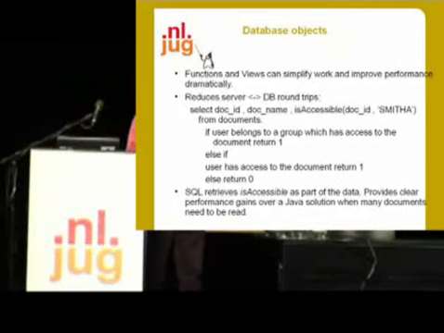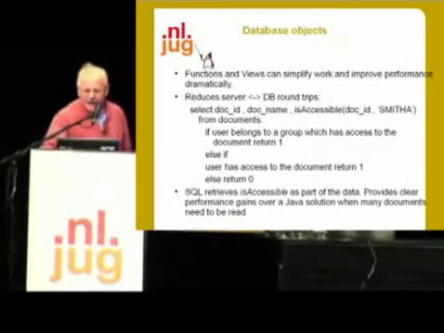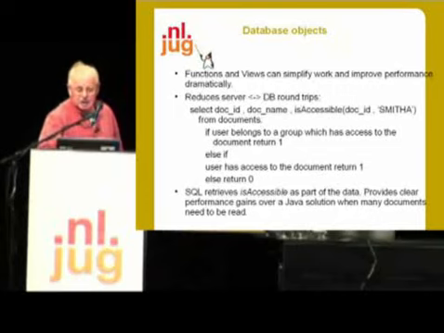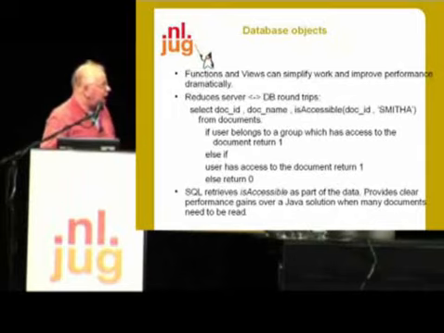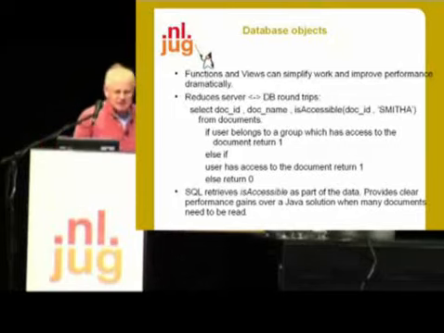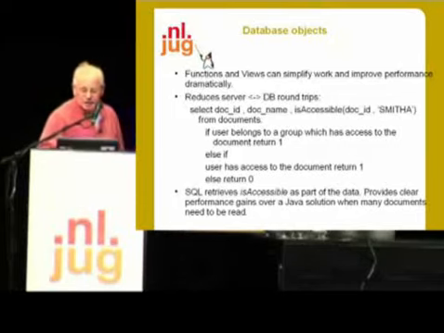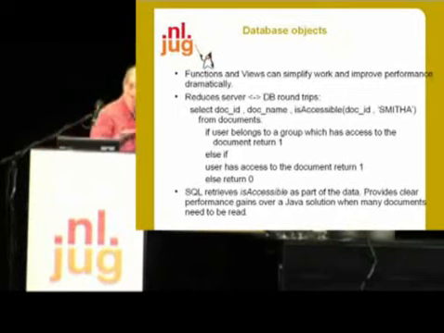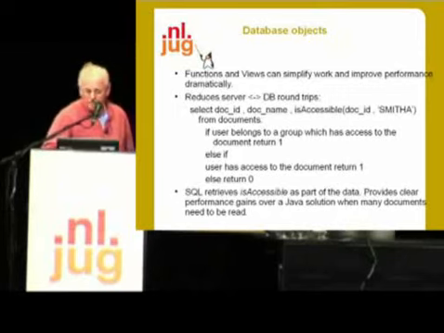To establish whether I have access, you would first see if the user belongs to a group, and that group has access to the document. You can just imagine there's a couple of select statements just to do that. If that's true, we return 1, so we do have access.